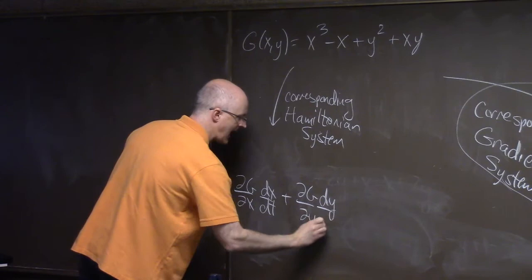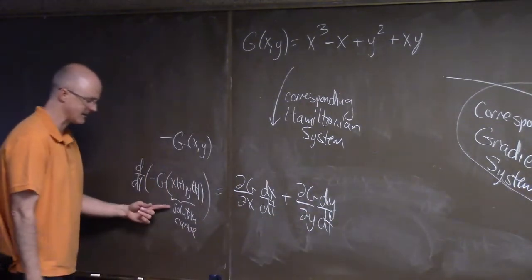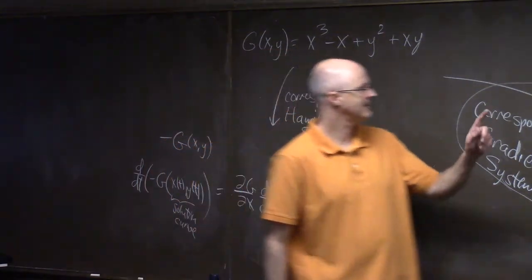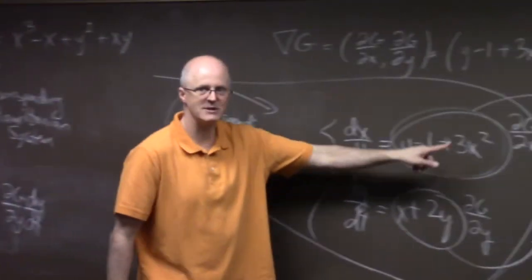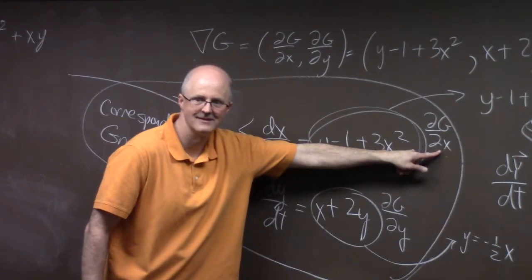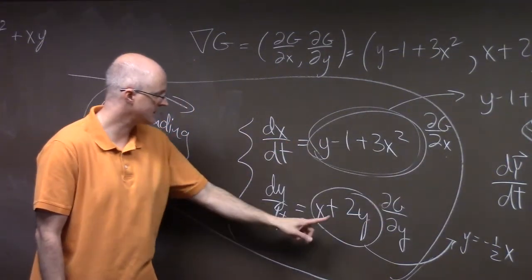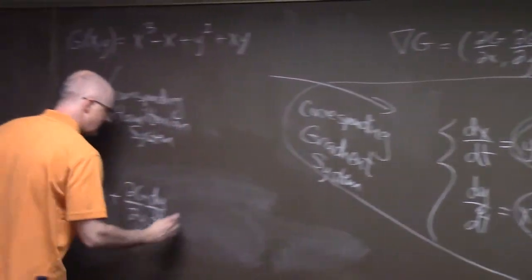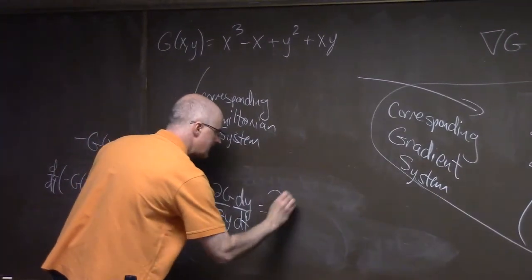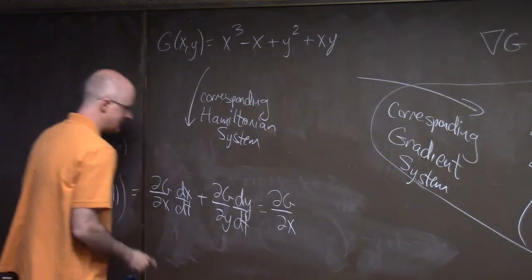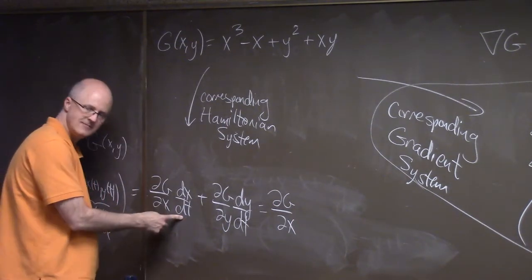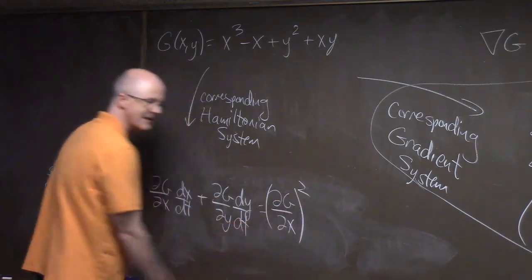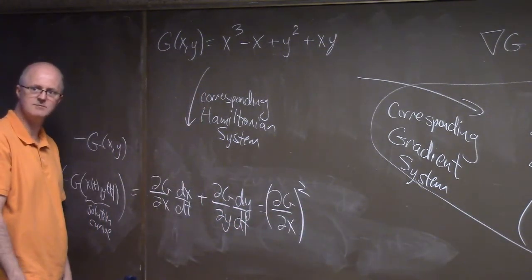And then use the fact that, since I'm assuming that's a solution curve, dx/dt can be replaced by this, which I'm just going to write as that, and dy/dt can be replaced by this, which I'm just going to write as that symbolically. dg/dx times dg/dx. That's not a second partial, that's a first partial squared.